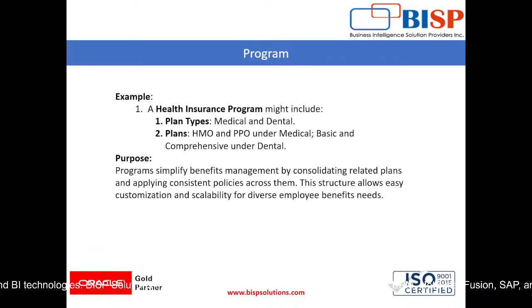So a health insurance program might include plan types, medical and dental, and under that you have plans, which are HMO and PPO under medical, and basic and comprehensive under dental. So you have multiple plans under your plan types.